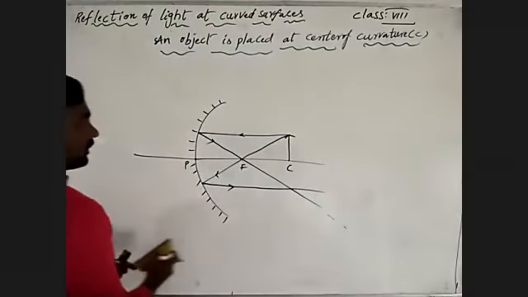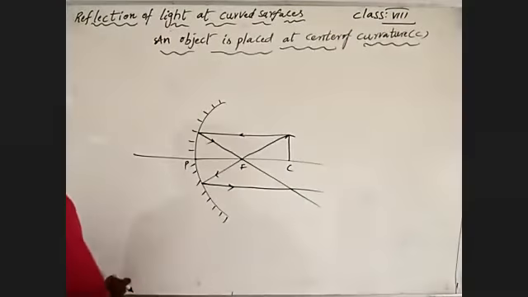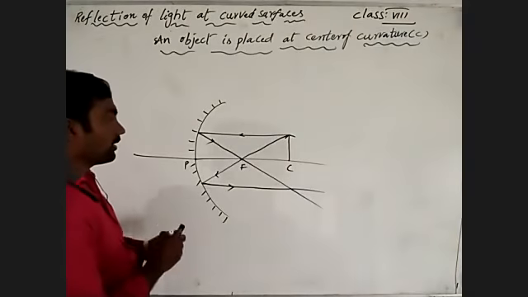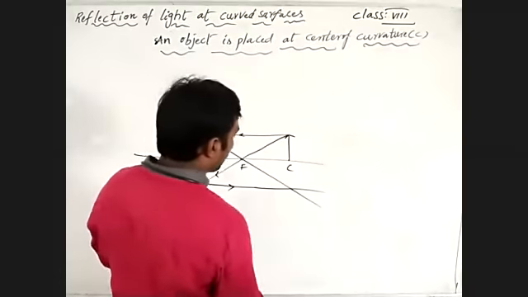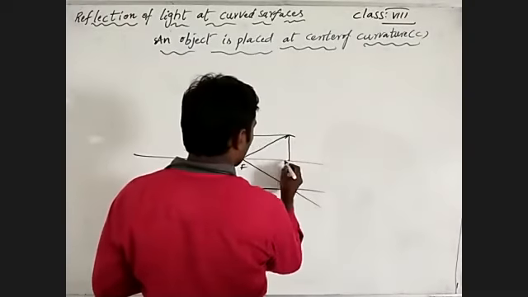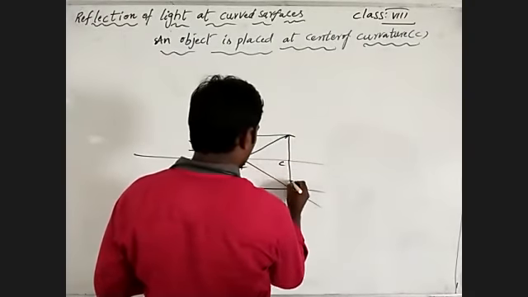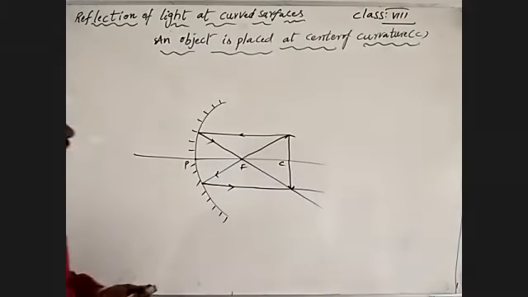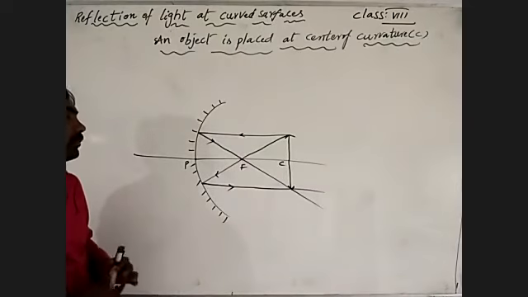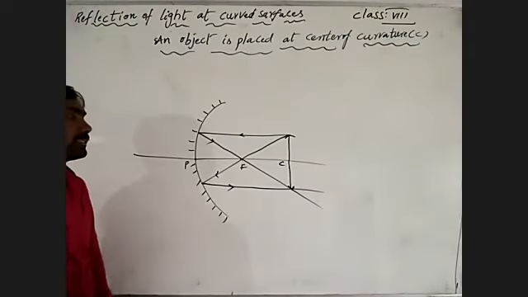A ray parallel to the principal axis, and the image is formed where they intersect. It is formed at the same place as the center of curvature.